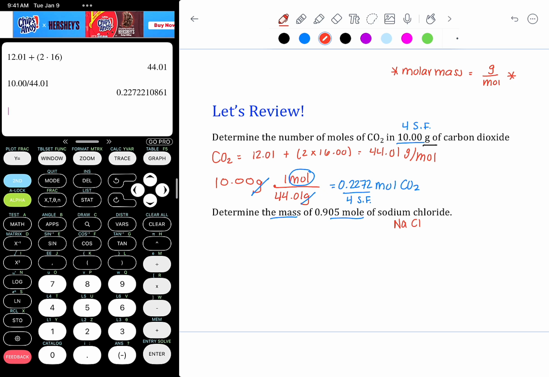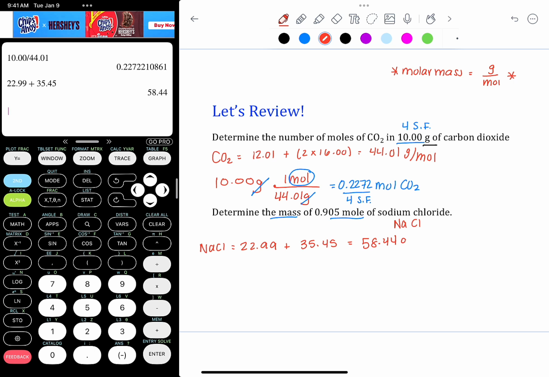We can now find the molar mass of NaCl, which is equal to the mass of sodium, 22.99, plus the mass of chlorine, 35.45. So that is a molar mass of 58.44 grams.